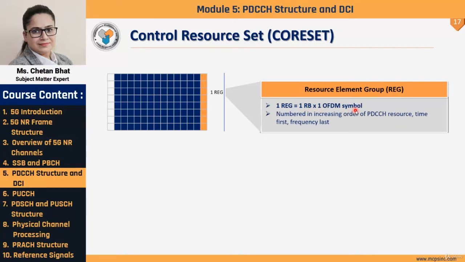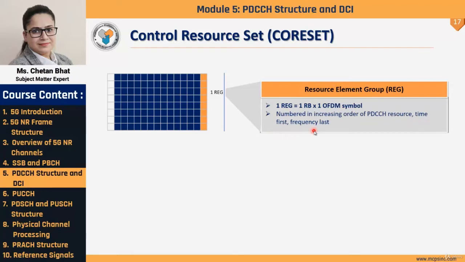Here the concept is a little bit different. We have one REG, which is one RB for one complete OFDM symbol, numbered in increasing order of PDCCH resource, so time first and frequency last.